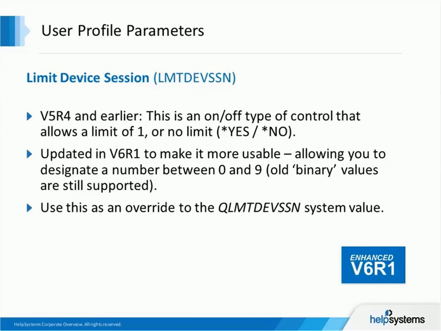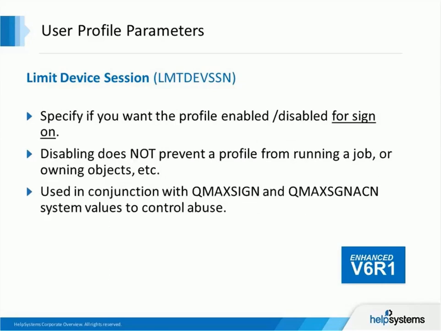Just adhere to any compliance regulations that may tell you that's not allowed. Otherwise, you may find yourself in hot water if you get audited. This, again, is an override to a system value. So what you're seeing here is a significant trend that a lot of the profile parameters are deferring their decision to a central attribute, which is part of your system values.